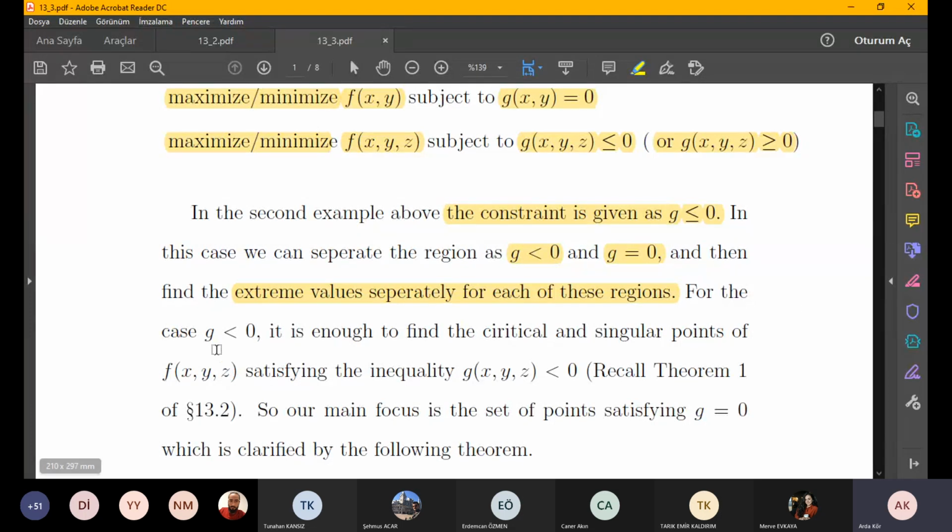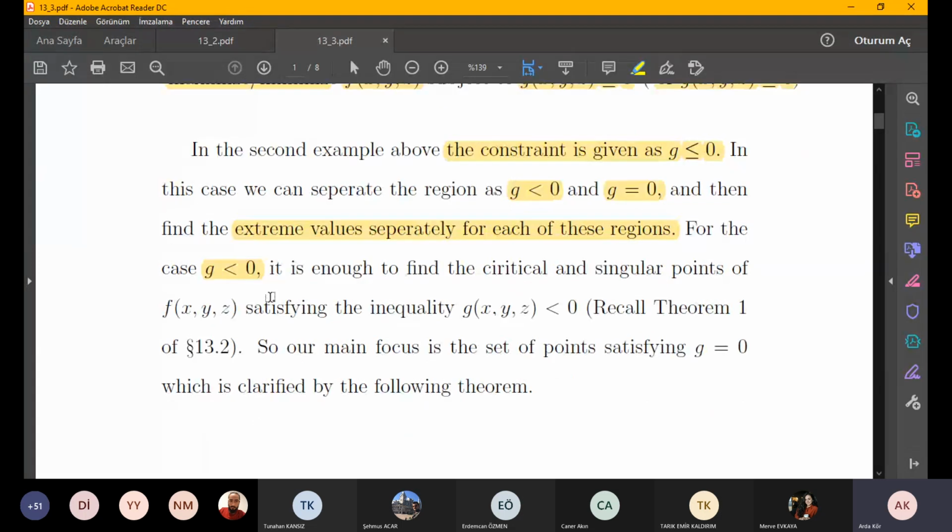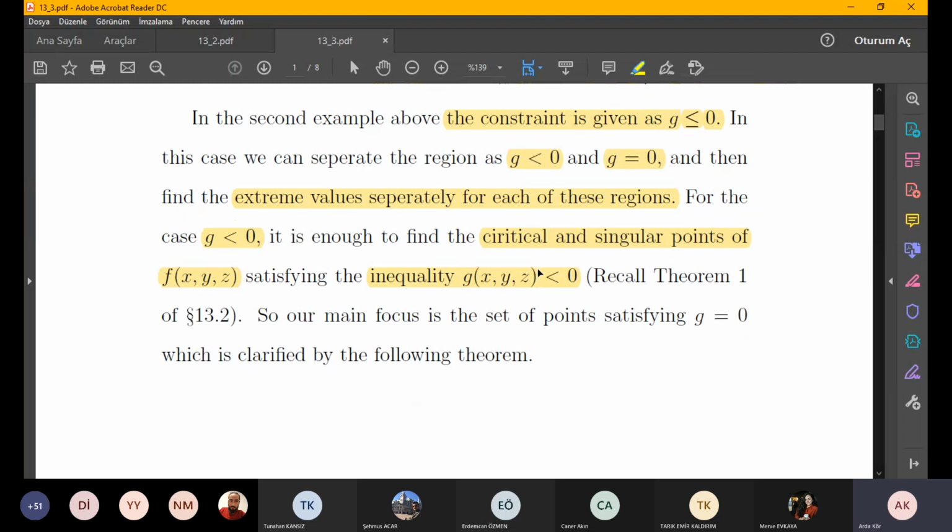For the case where g is smaller than 0, it will be enough to find the critical and singular points of the function f satisfying that inequality, as we have seen in the theorem in chapter 1.